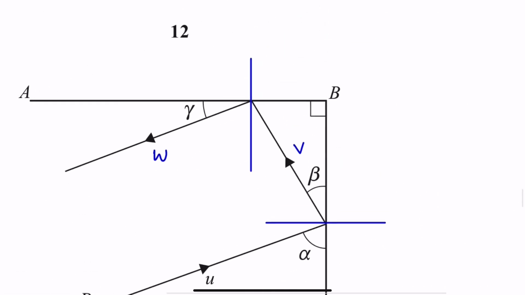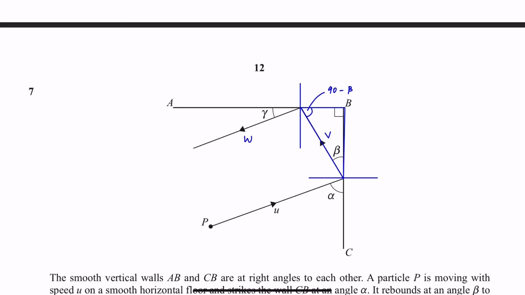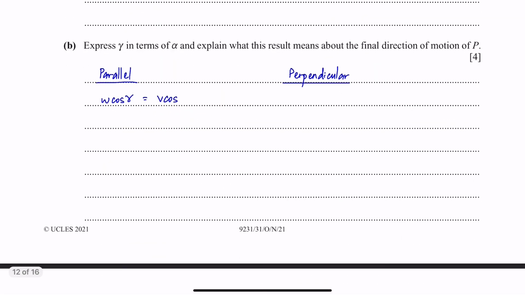Okay, I forgot to talk about this. So what is this angle here? We know that this is a right angle, right? So since this is a right angle, this angle here would be 90 minus beta. Alright? So v cos (90 minus beta).